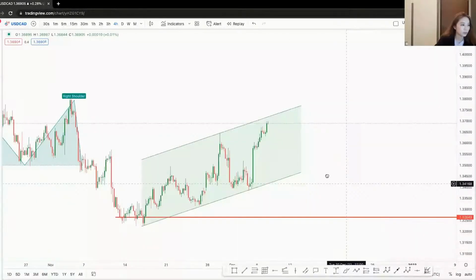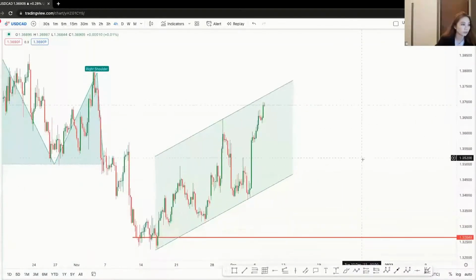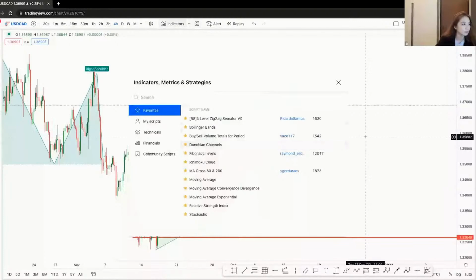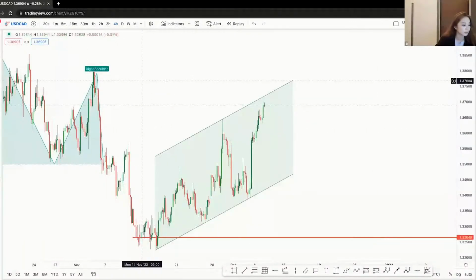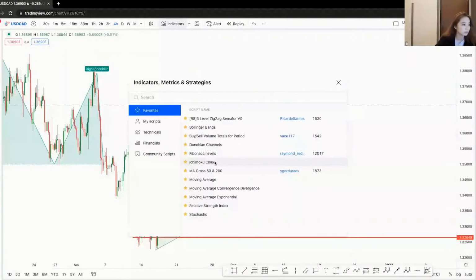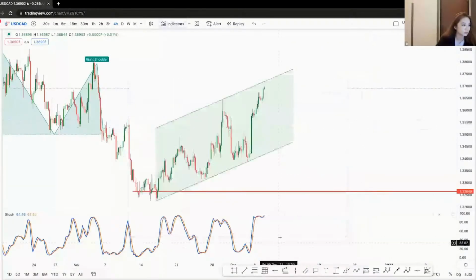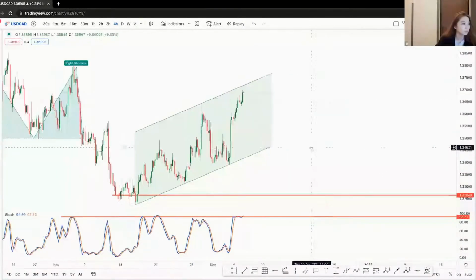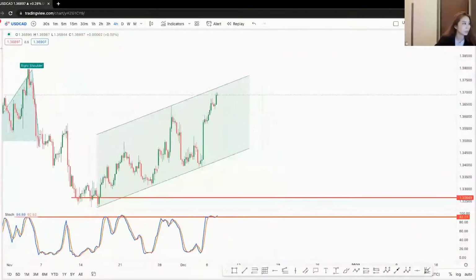There's a chance that it would have dropped down with the exhaustion of the stochastics as well. Yep, very high in resistance level already. I'm looking at a potential downward movement.